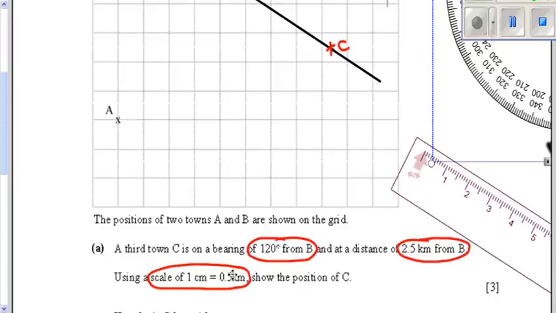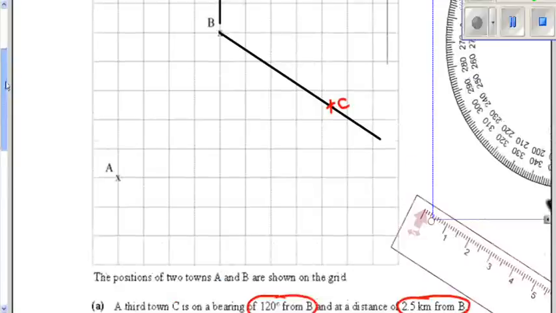So what we need to find out is how many half kilometers there are in 2.5 kilometers. Using your calculator you can check that 2.5 divided by 0.5 is 5. So that means 5 centimeters is the same as 2.5 kilometers.